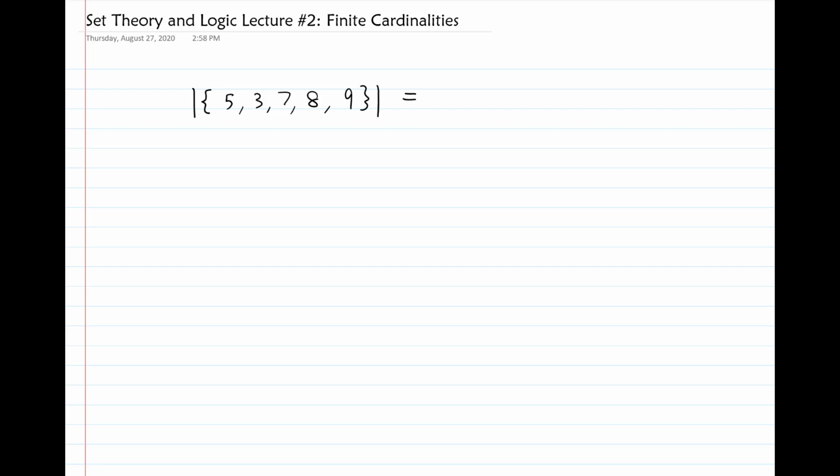I see 5. So that's the answer. Okay. Another way to do it, just so that you know, is I could have given that set a name and said A equals that, and then I could have written the cardinality of A equals 5. Okay? All right, let's go back to the way it was.